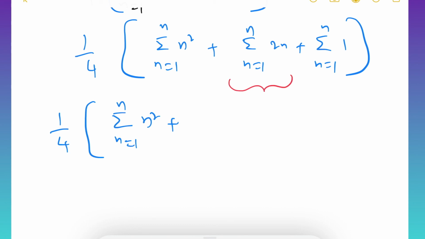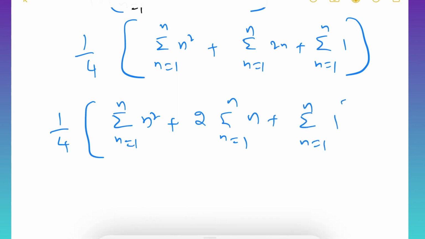So that number 2 will come outside because we don't have any work with that number 2. So 2 will come outside, 2 into sigma n equals 1 to n, only n will remain because 2 we took outside, plus sigma n equals 1 to n of 1.